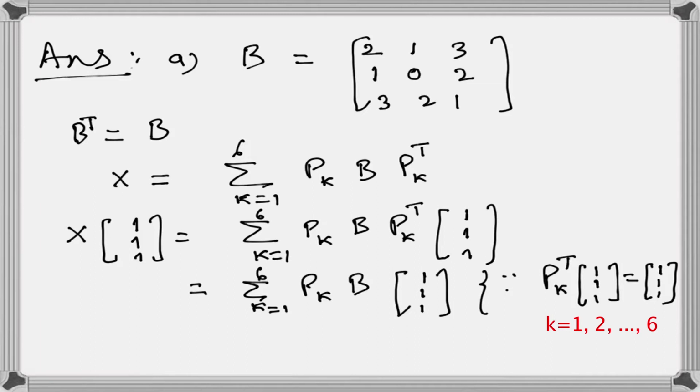The reason is that PK transpose (1 1 1) equals (1 1 1). Okay, so what is B times (1 1 1)? B is the matrix given above, so B (1 1 1) is (6 3 6).